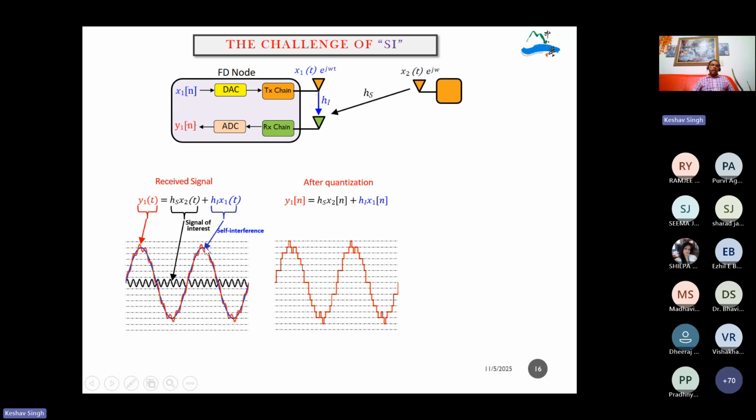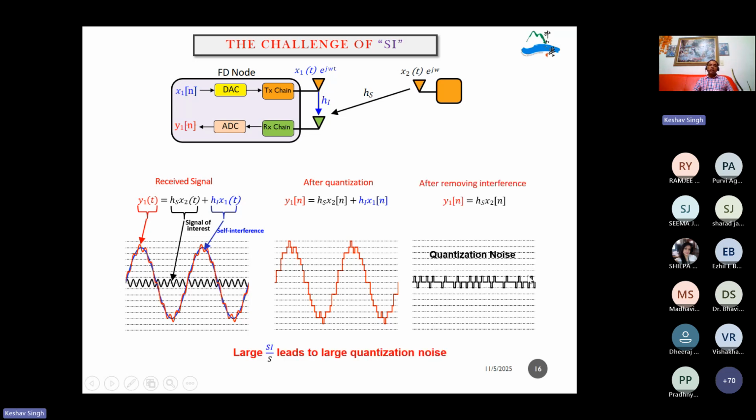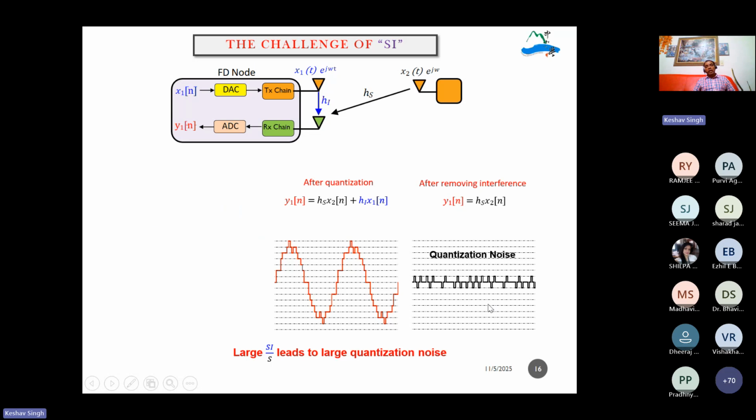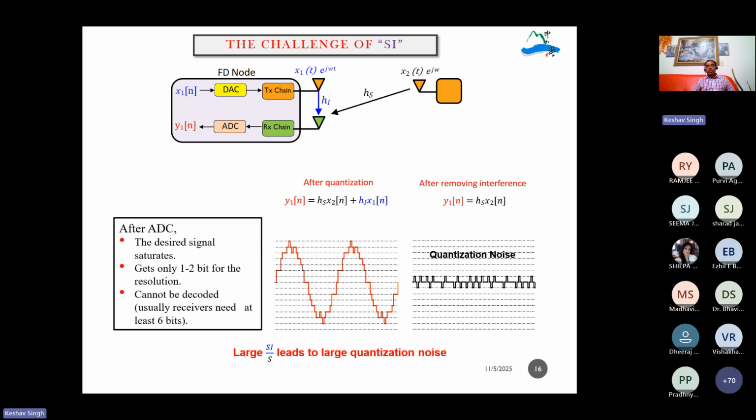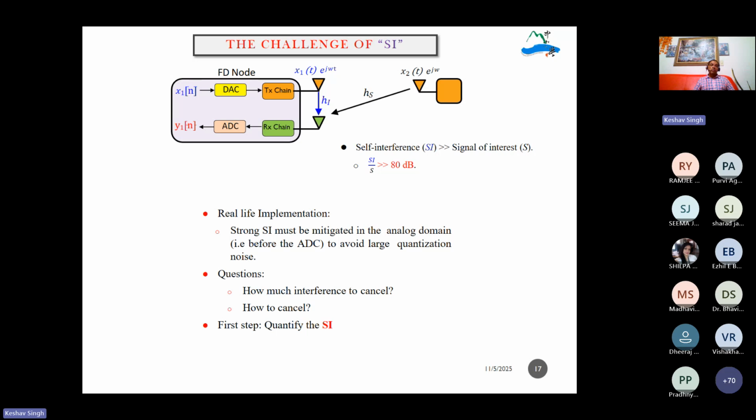So the received signal is dominated by self interference. Ultimately, after quantization, Y1, you will see only the interference power, so we can't detect the desired signal. If you remove the interference, you will get quantization noise. So a large SI over S will lead to larger quantization noise, and due to that it's not easy to implement the full duplex case.